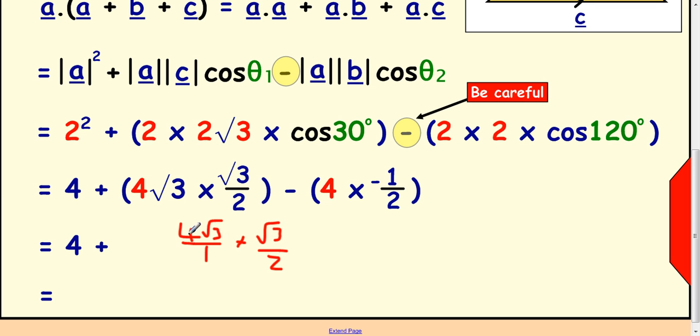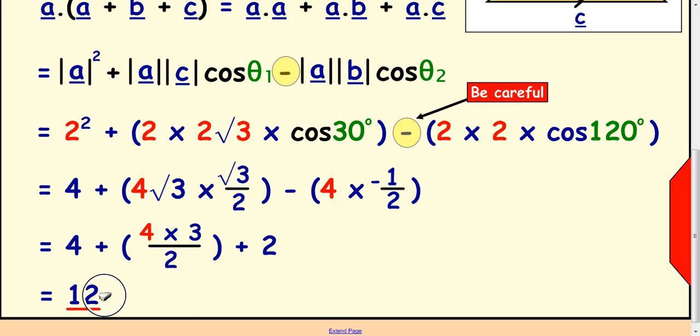You can times that by 4 and get 12, so that's going to be 12 over 2 basically. That's what it works out as, 12 over 2. Now we're going to end up with 4 times negative a half here, so half of 4 is 2, but that's going to be negative 2, and you take away negative 2, you get a plus. So that works out as 4 plus 6 plus 2, which is 12. That's the final answer.